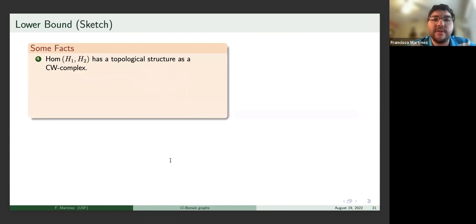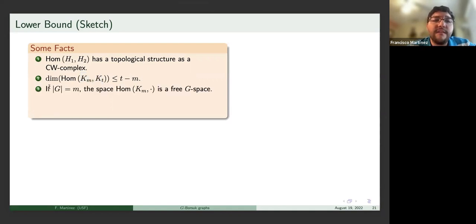So let me remind you of the facts that we said. The Hom-complex between H1 and H2 is a CW complex, actually a proto-simplicial complex. It's not hard to compute the dimension of this space if we are talking about complete graphs between Km and Kt. Actually, Babson and Kozlov proved that this space is homotopy equivalent to a wedge of spheres of this dimension.